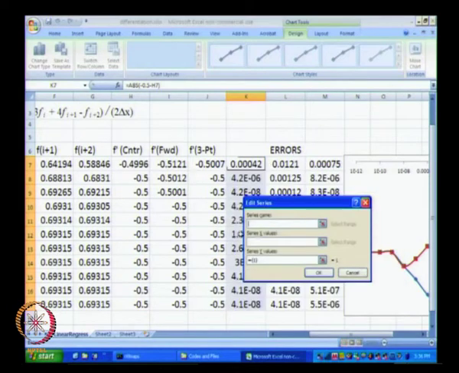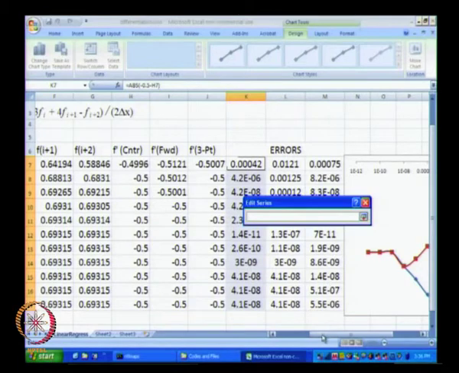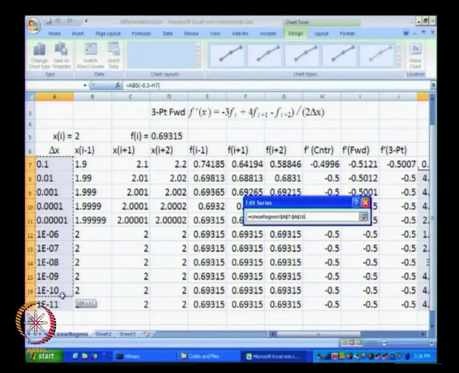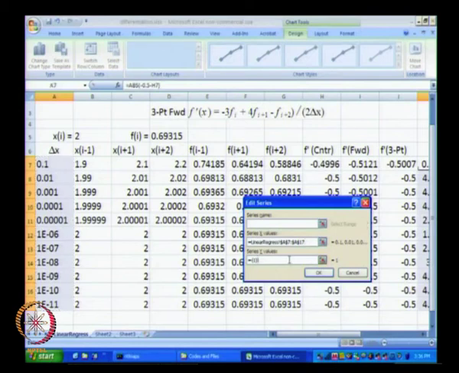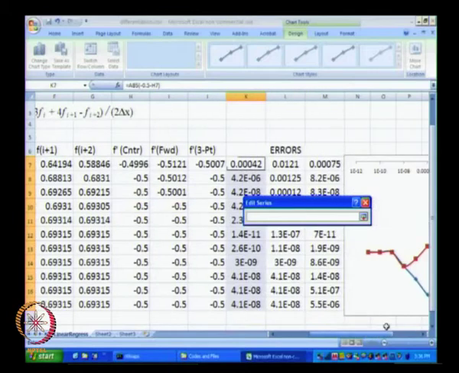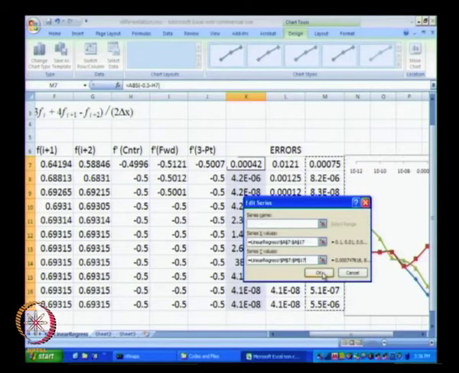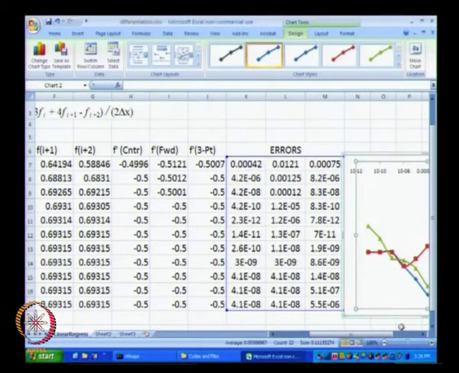And we will add the errors for the third guy as well, and the x values again remain the same, and the y values that we are going to choose are the errors in the 3-point formula. Okay.